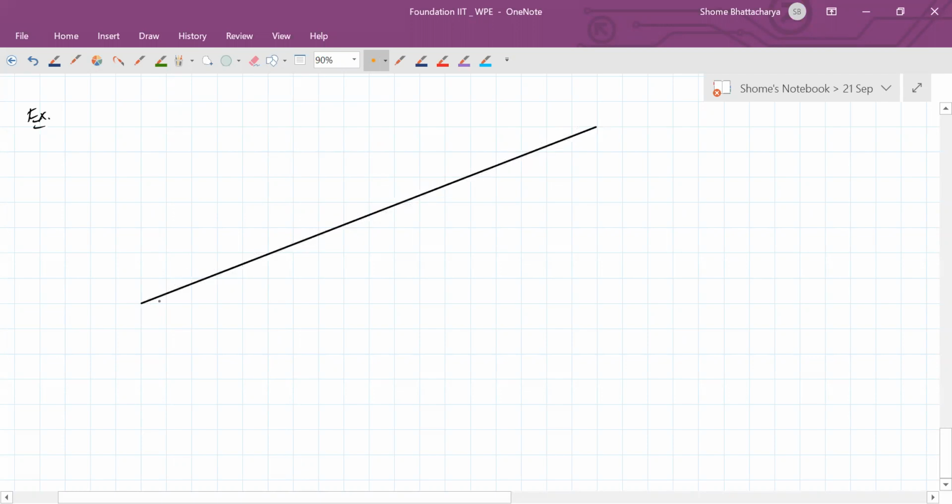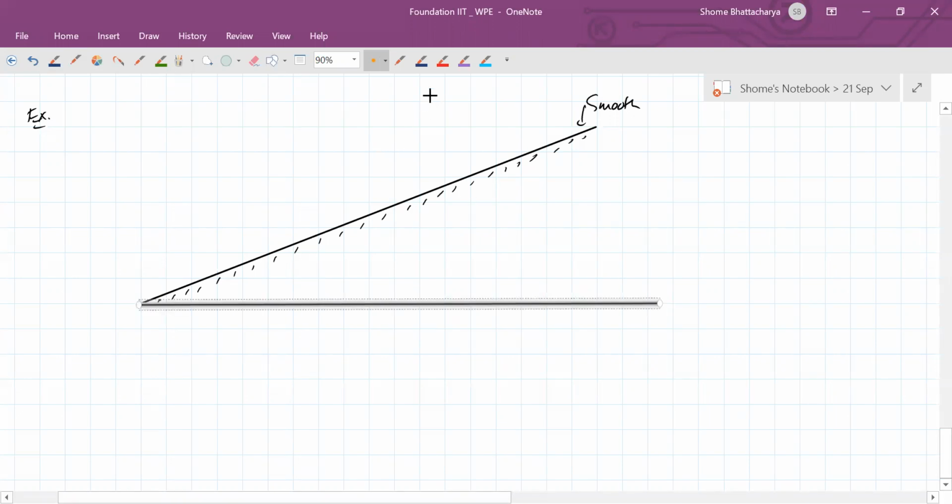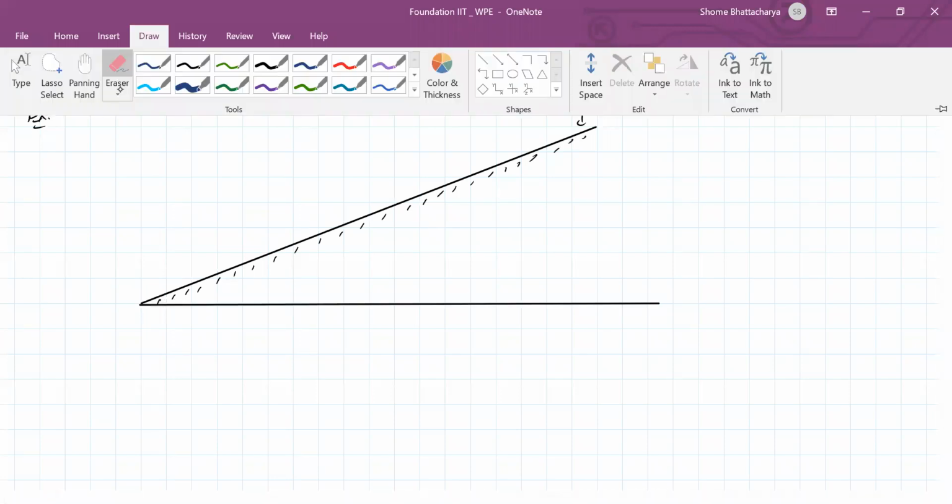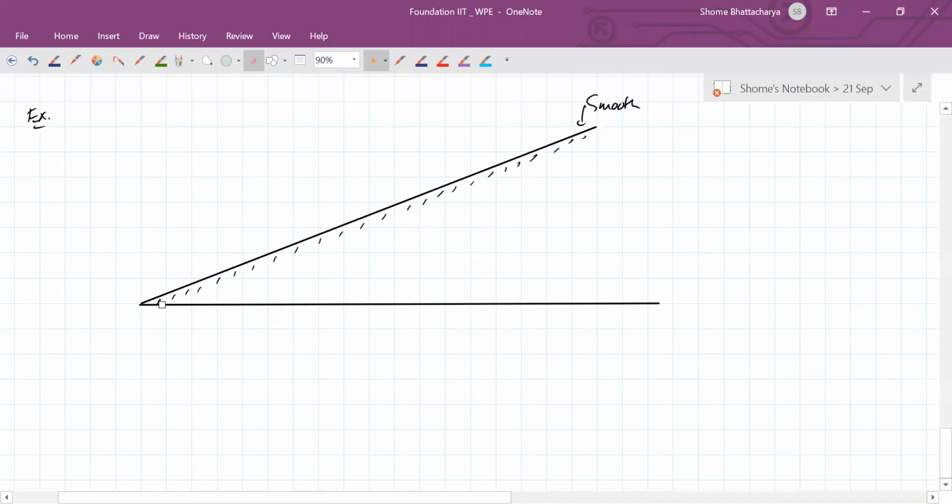So we have this smooth inclined plane, which is at an inclination of some 37 degrees with respect to the x-axis, or with respect to the horizontal.